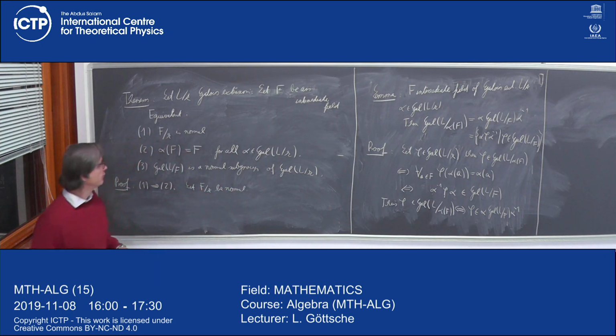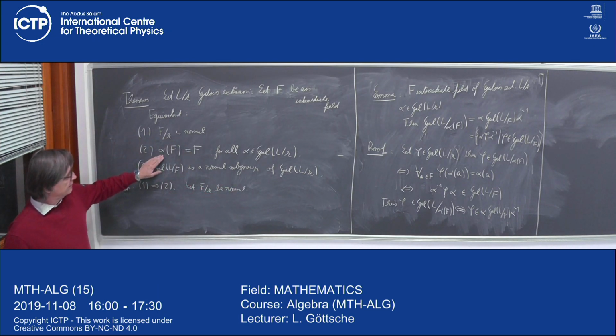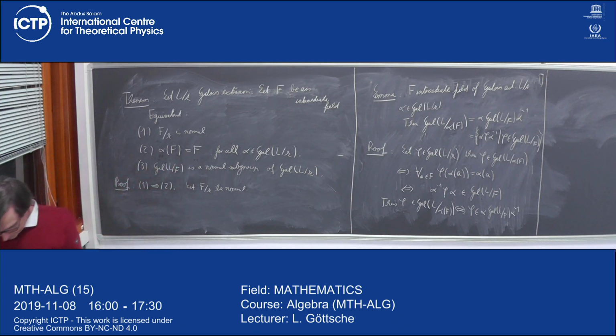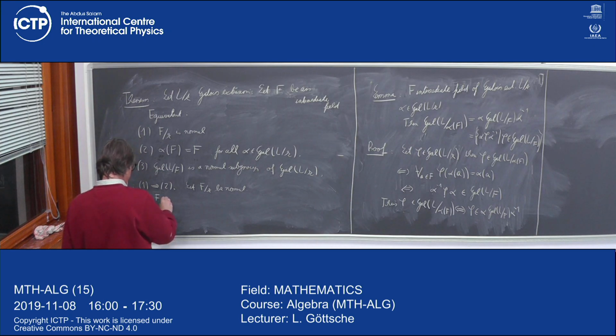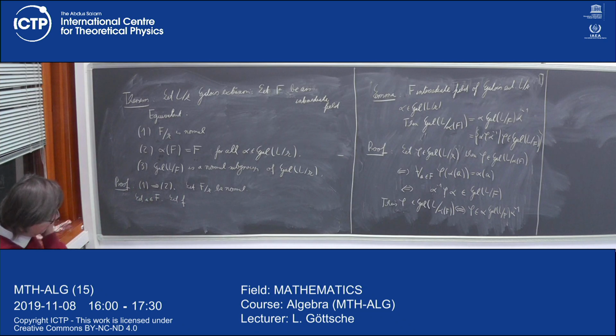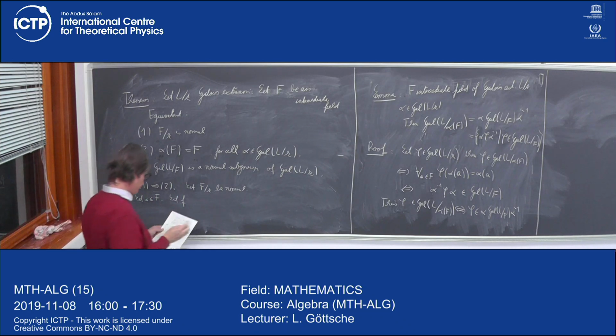And we will want to show that every element in the Galois group of L over K sends F to itself. So let's take any element A in F and let f be the minimal polynomial of A over K.